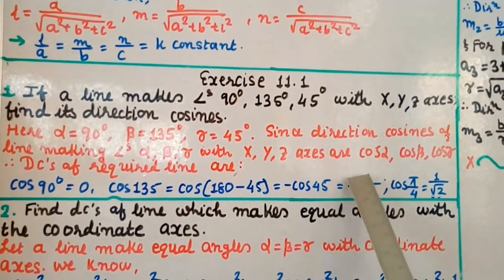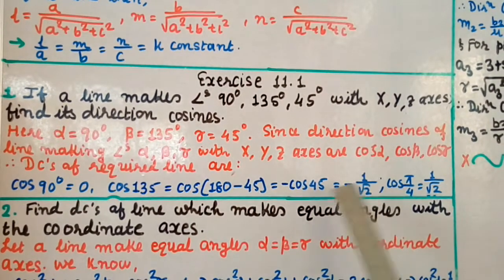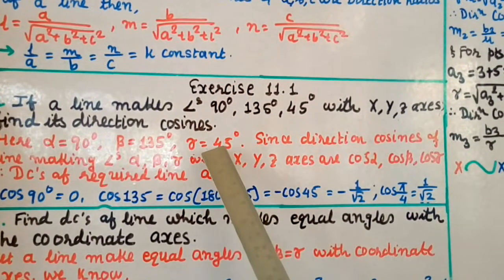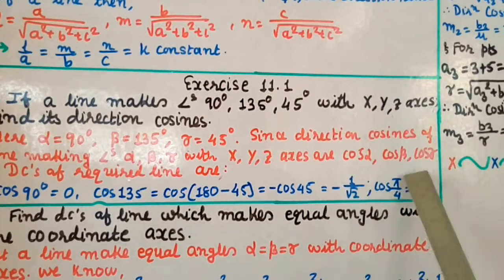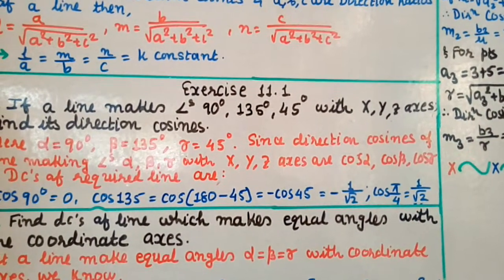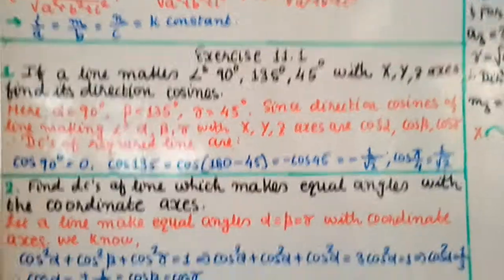Cos 45 value is 1 by root 2, so this becomes minus 1 by root 2. Then cos gamma is cos 45, which I have written in radian as cos pi by 4, and cos pi by 4 is 1 by root 2. So the direction cosines are 0, minus 1 by root 2, and 1 by root 2.